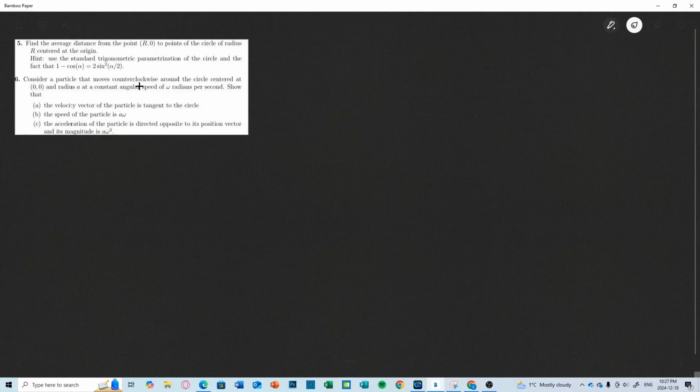So next up we have question 5, which is asking to find the average distance from the point r, 0 to the points of the circle of radius r centered at the origin.